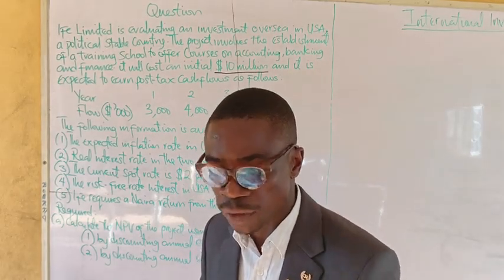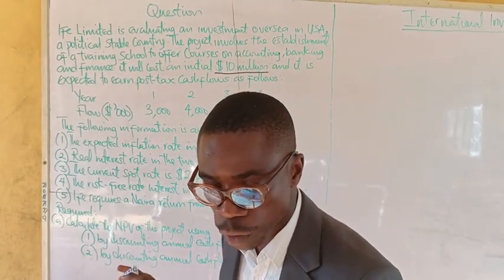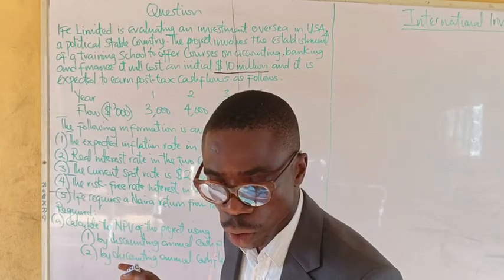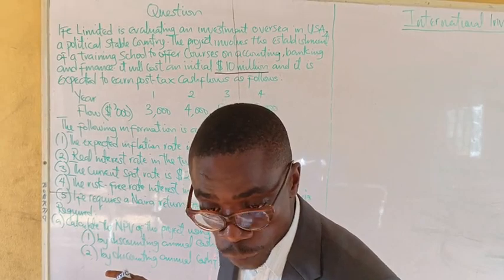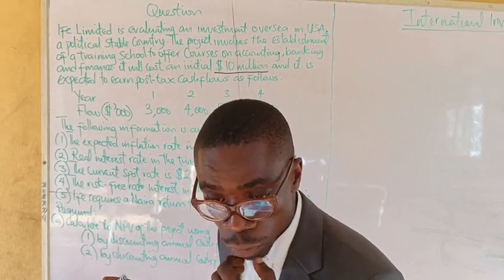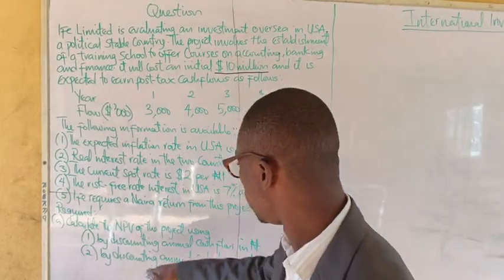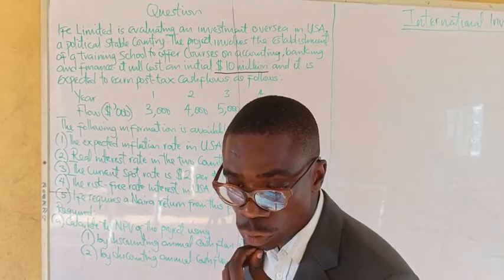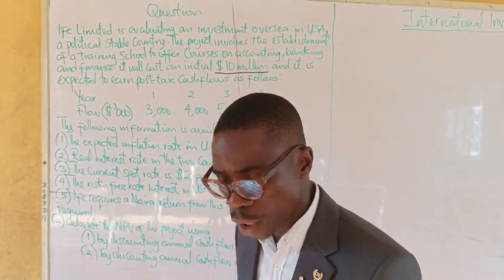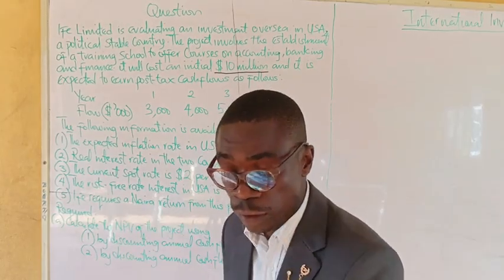So who can tell me what they are asking us to do in method one? In method one, we have to translate first, before we discount. What about method 2? Discount before we translate, using the foreign discounting rate, right?